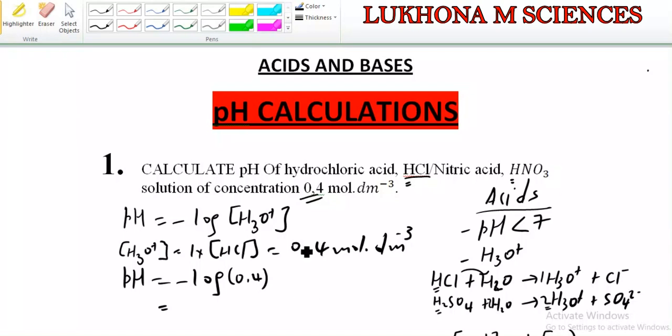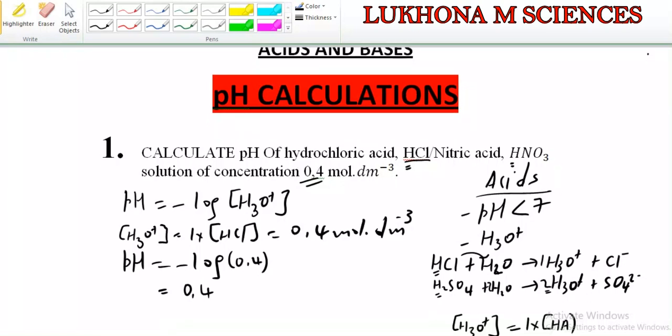The answer is 0,4. Is that correct? Yes, 0,4. This is the pH for this acid, which is less than 7. Okay, then let's go to the next question.